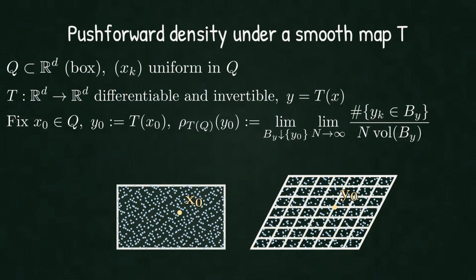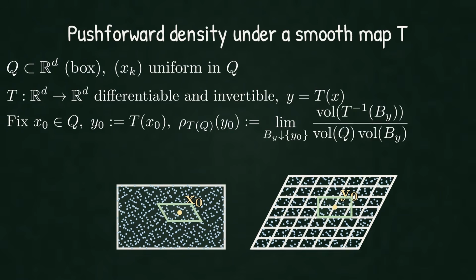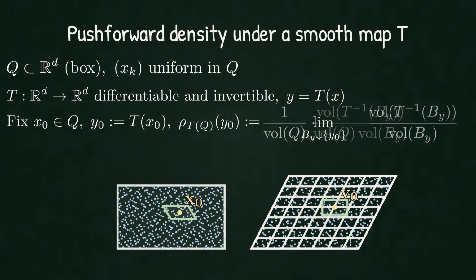First step, counting points in B_y is the same as counting x_k in T inverse of B_y. By uniformity, this fraction approaches the volume of T inverse of B_y over the volume of Q. Second step, as the box shrinks to 0, the function is fully described by its Jacobian. The linear approximation becomes exact in the limit.